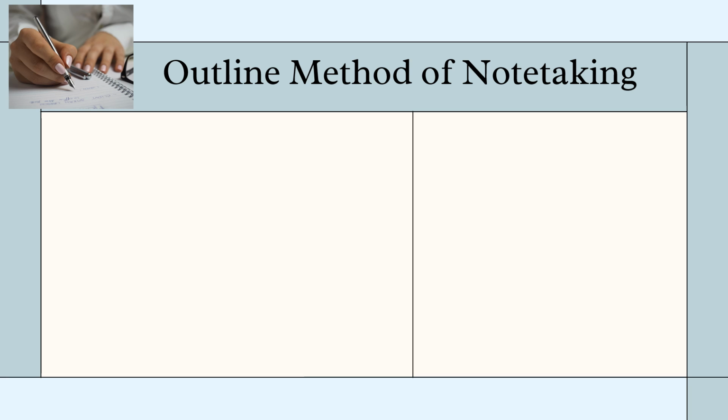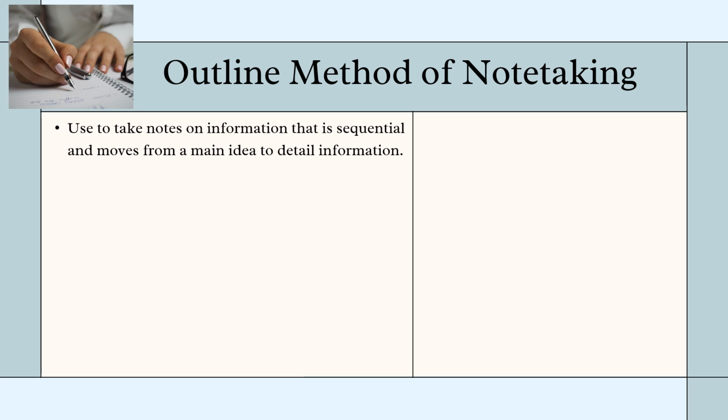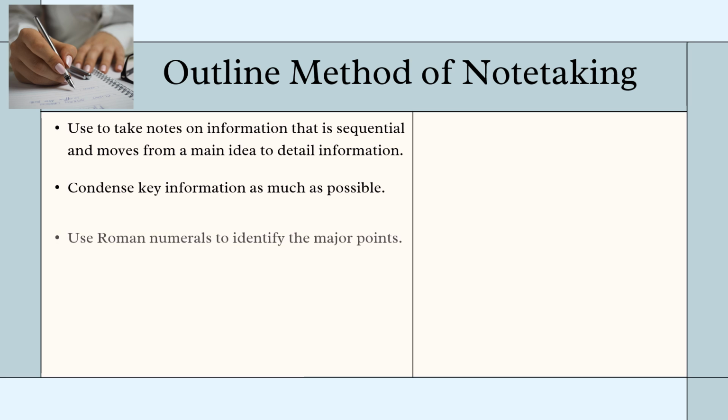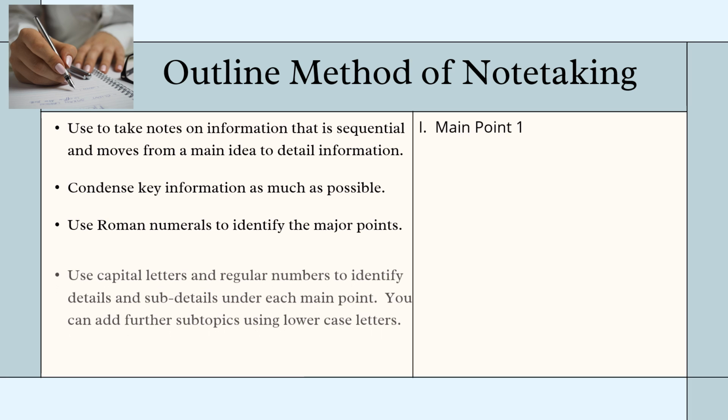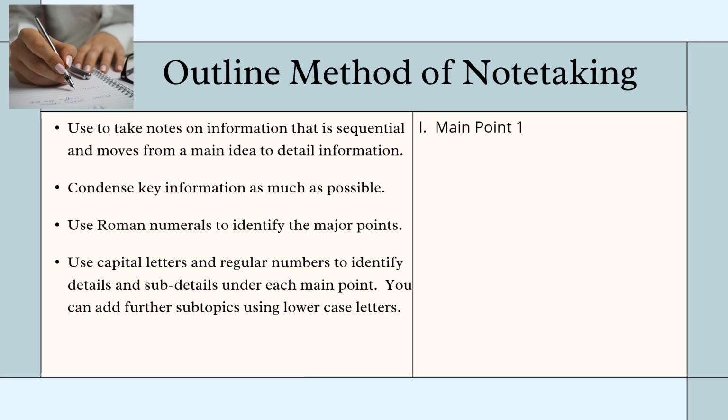The outline works best for information that is sequential and moves from a main idea to detail information. You condense the key information as much as possible in outline form. Use Roman numerals to identify the major points. Then use capital letters and regular numbers to identify details and subdetails under each main point.